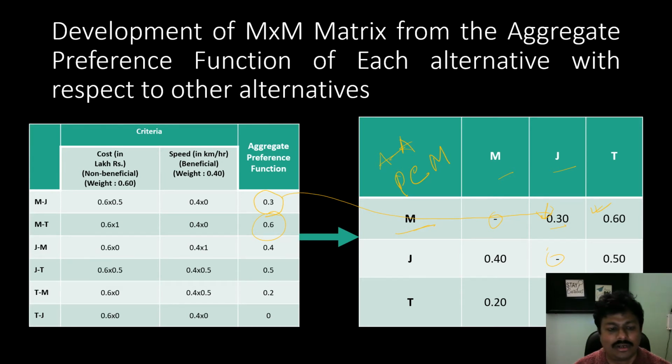J minus M, what is that? J minus M is 0.4, so it is placed here. Then J minus T is 0.5, placed here. T minus M, the aggregate preference function is 0.2. We have placed it. T minus J was 0. So T minus J is 0. So we convert this aggregate preference matrix into an alternative pairwise comparison matrix.